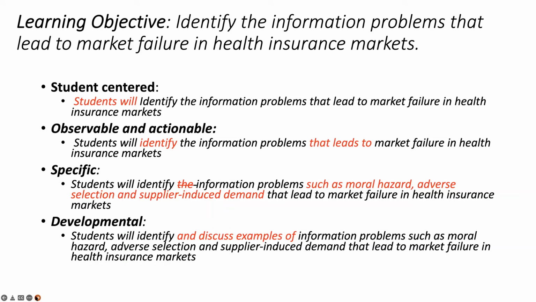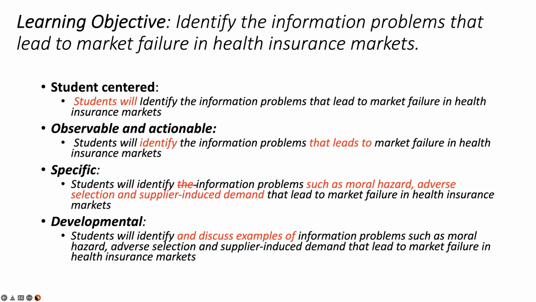So what I'm changing is in the red. Student will be able to identify what students will do rather than the material you will cover, putting an emphasis on the students rather than the instructor.